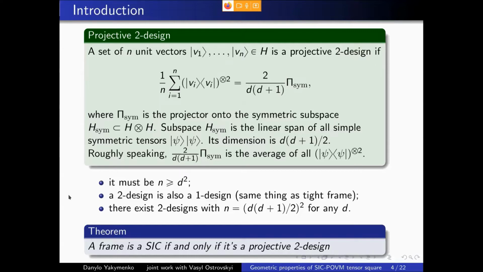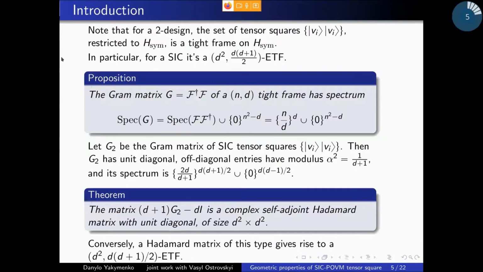Okay. Now note the following. From the definition of two-design, we can see that tensor squares of vectors, these vectors, actually form a tight frame on the symmetric subspace, right?